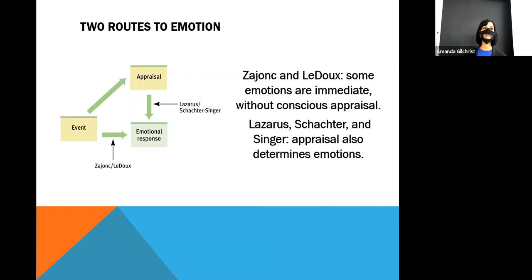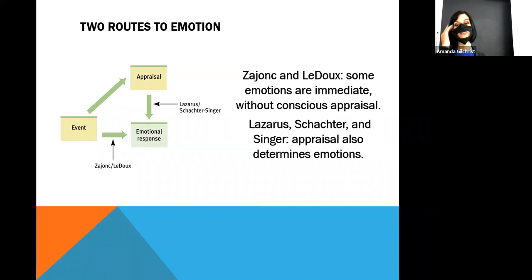So if you like ice cream, your emotional response to getting ice cream does not require a lot of thought. If you're afraid of snakes, that fear is going to pop up without the cognitive appraisal, oh my gosh, it's a snake. So for simple likes and dislikes, we immediately will have an emotional response without the cognitive appraisal.